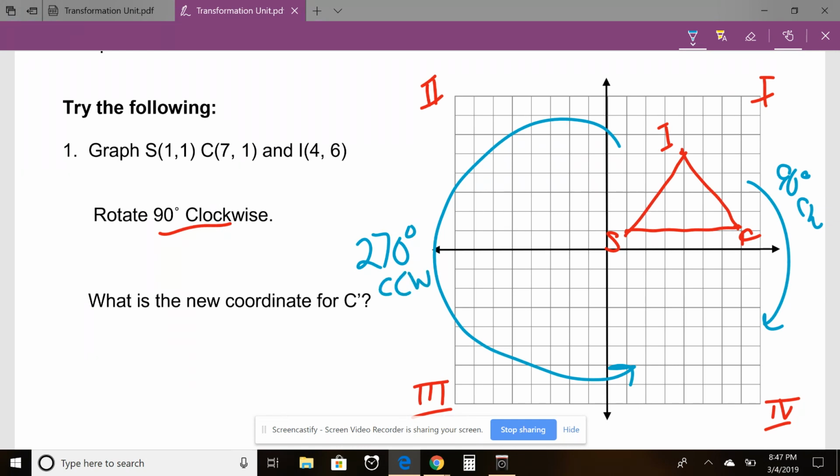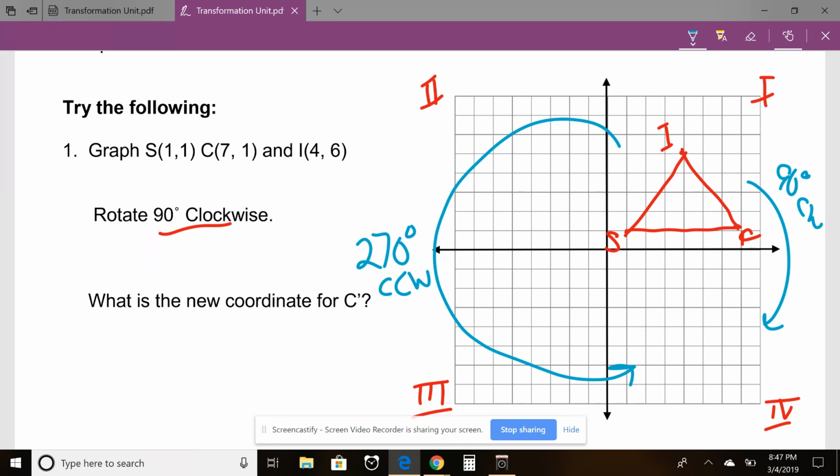So a 90-degree rotation is the same thing as a 270-degree rotation in the opposite direction. All right. Now, when you rotate it, it turns 90 degrees. Say you're facing forward, you turn 90 degrees to the right. You face right, or you face left.